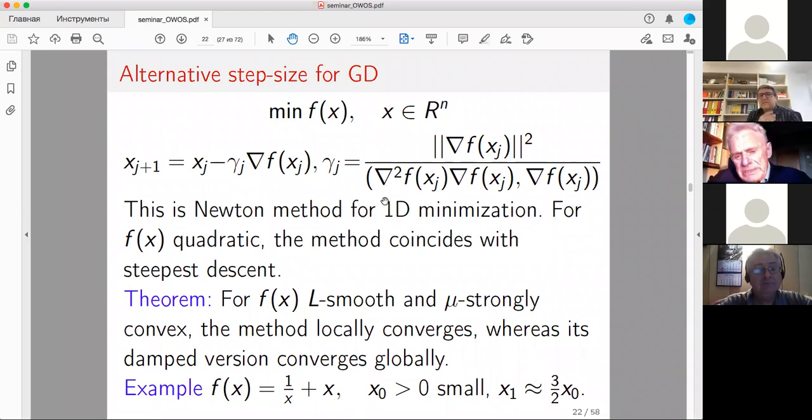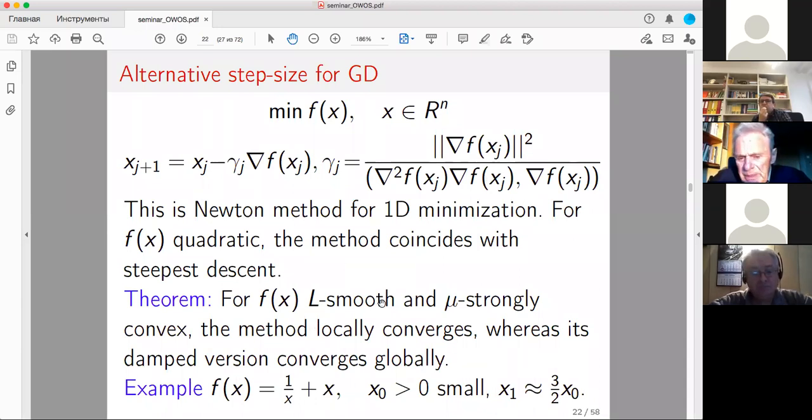So what is this? It's actually a Newton method of one-dimensional minimization over gamma. And if our objective is quadratic, then this is just the method of steepest descent, which is well known to be convergent.